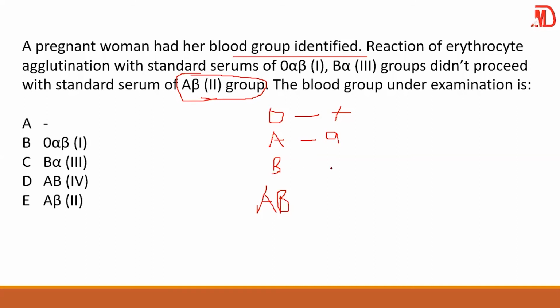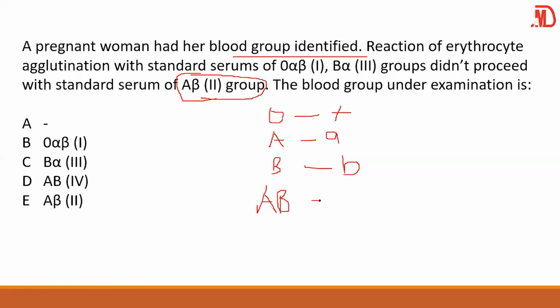And again, blood group B has antigen B. And again, since it has antigen B, it will agglutinate with blood group O and blood group A. So you can't give B to somebody who is blood group O or A. You cannot give it because antigen is present. Now we have AB.